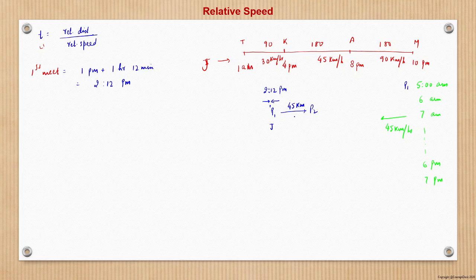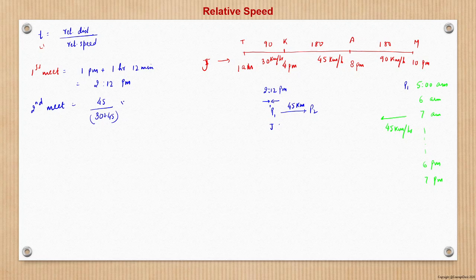So now for the next meeting, what happens? For the next meeting, Jodhpur and P2 have to cover 45 kilometers, and at 2:12 the speed of Jodhpur is 30, so the relative speed becomes 30 plus 45, right?